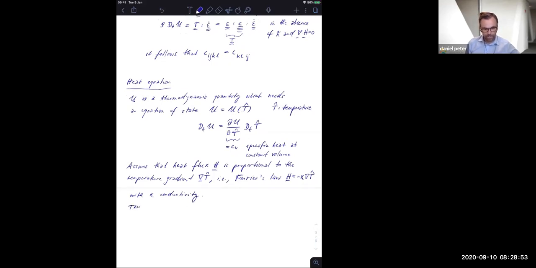So we can write our conservation of energy as rho, now the specific heat, times the material derivative of temperature. So using the equation of state, the rate of change of internal energy.